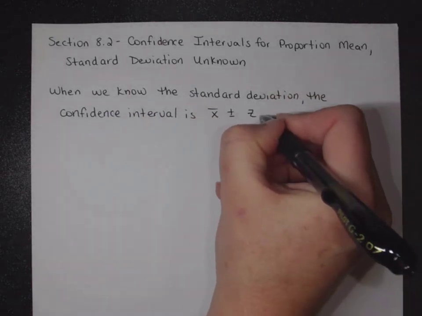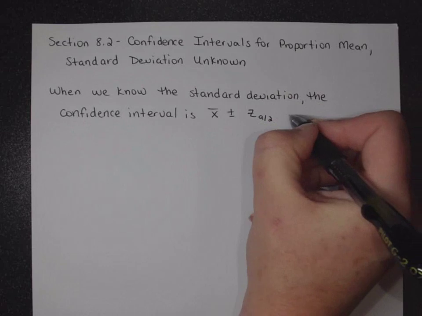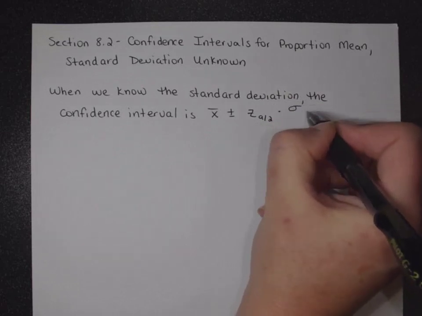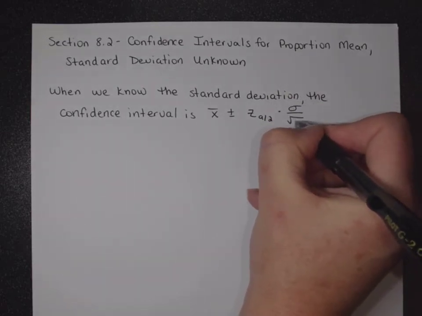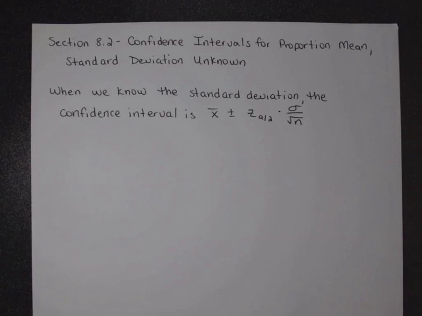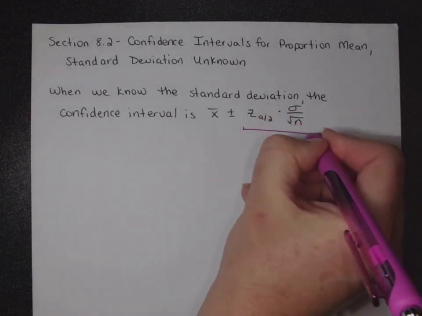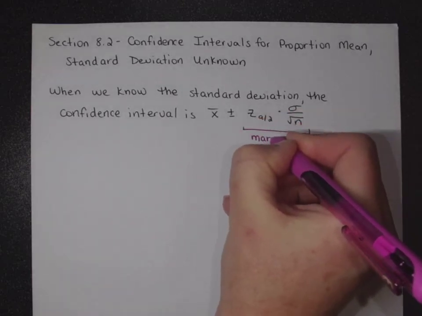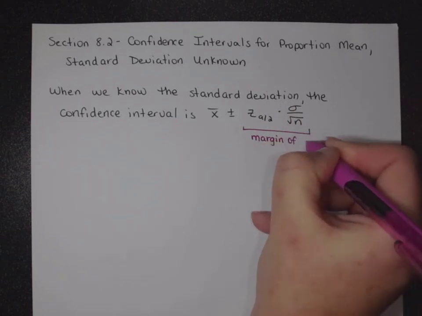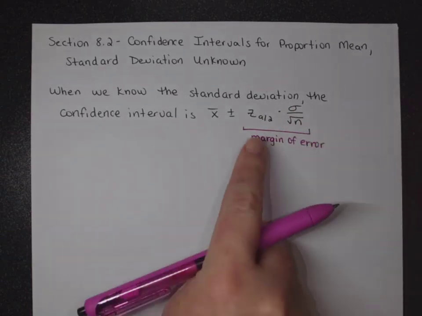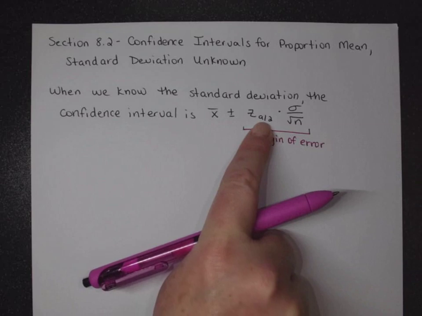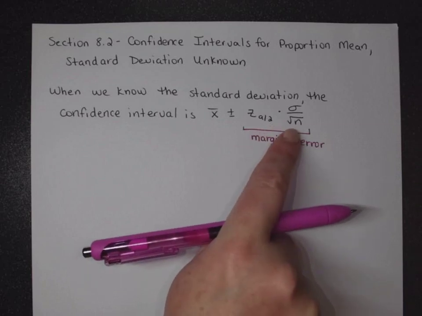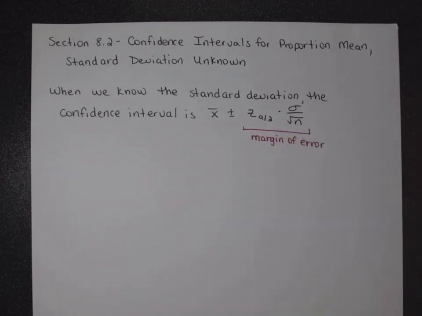Remember, this was the critical value times the standard error. This part just represents the margin of error we found. So don't let the letters confuse you. This is the thing we got from the table, the critical value, and then we figured out this as the standard error. Sometimes we were given it, sometimes we had to figure it out.